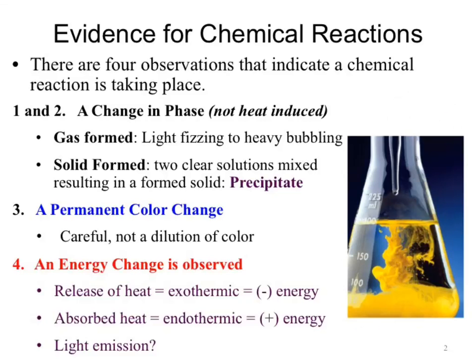That energy had to come from somewhere. That somewhere was the chemical bonds either breaking or making. Same idea with an absorption of heat. If it gets colder, that's either chemical bonds breaking or making. So a change in energy is always going to be a big tip-off that you're looking at a chemical reaction. The other ones can be kind of gray areas. We can come up with odd cases in each position.